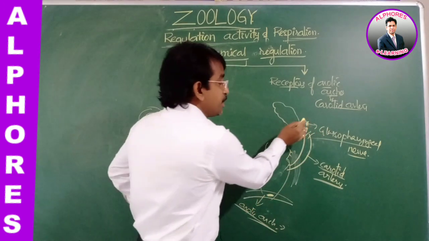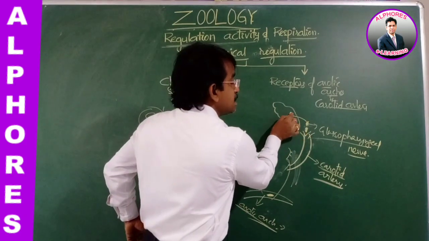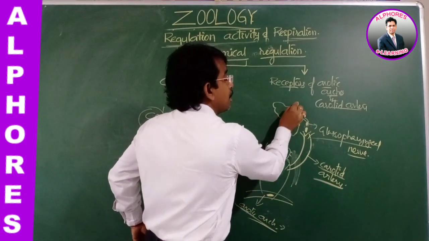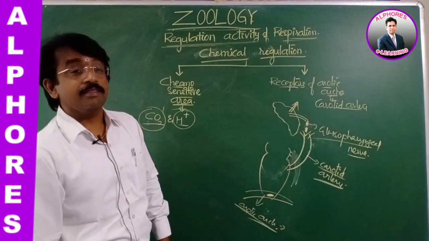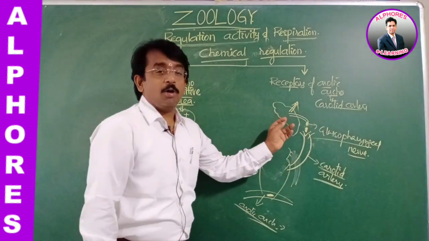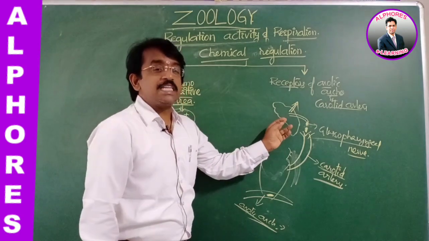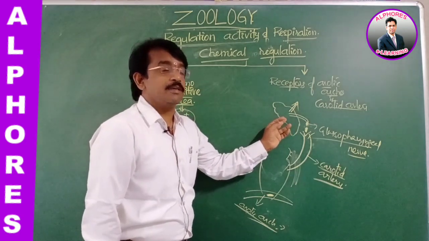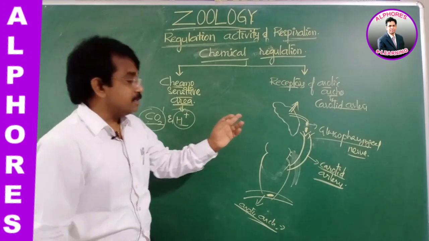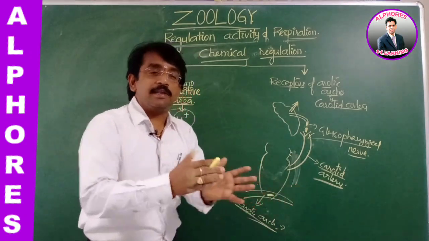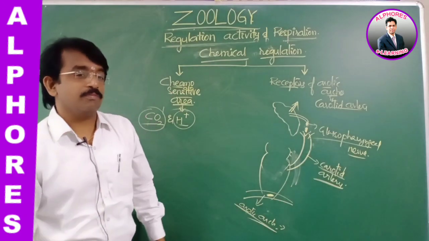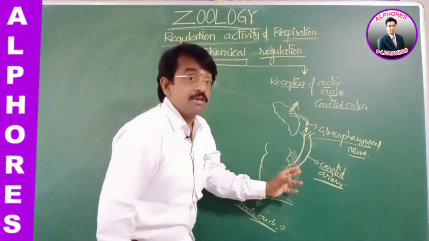This glossopharyngeal nerve takes the stimulus into the medulla oblongata of the brain. Then the medulla oblongata gives the necessary signal to the ribs and the phrenic muscles to forcibly expel the CO2. What are involved?